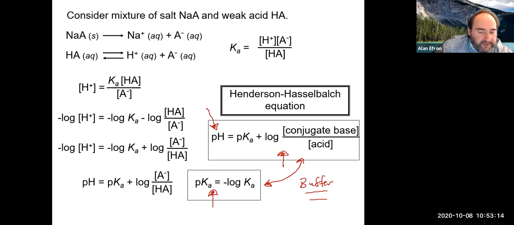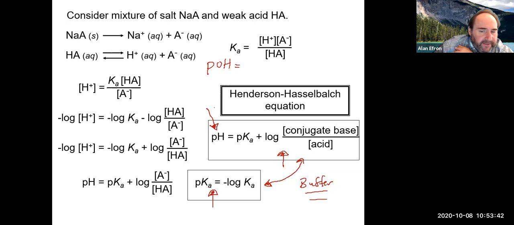I personally also would recommend using the pH equals the pKa plus the log of the base over the acid. There is a version of the Henderson-Hasselbalch equation that doesn't calculate pH, but calculates pOH. And I will put that up here, but I personally think it's not very useful. And I'll tell you why in just a second.